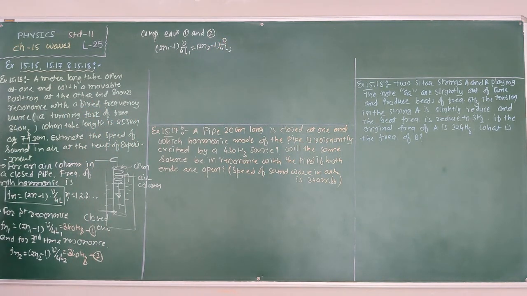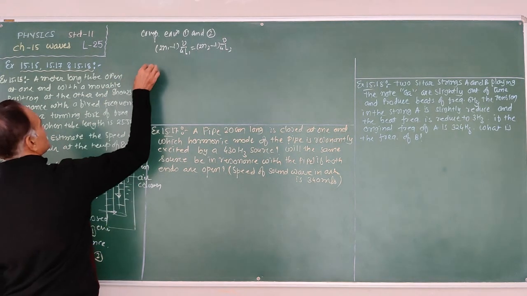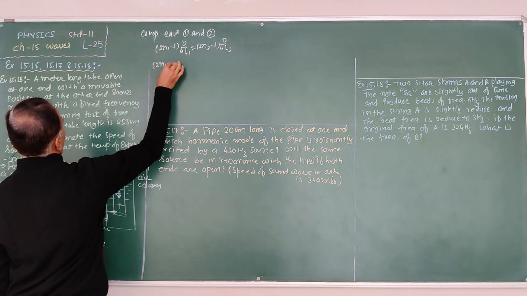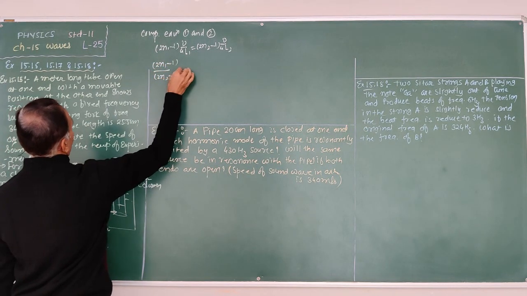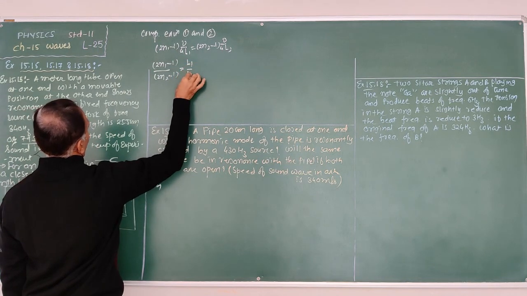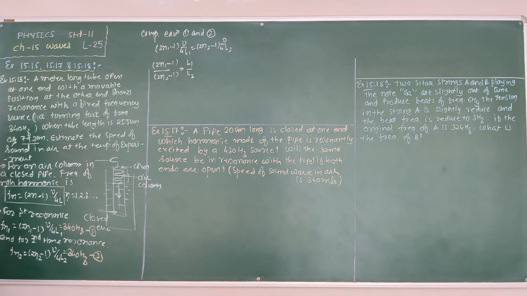We cancel the 4 and V. Thus we obtain (2n1 minus 1) upon (2n2 minus 1) is equal to L1 upon L2. L1 and L2 are given as 25.5 and 79.3.